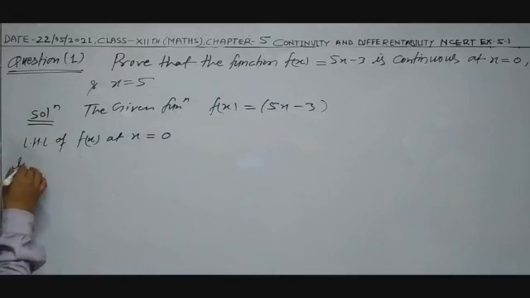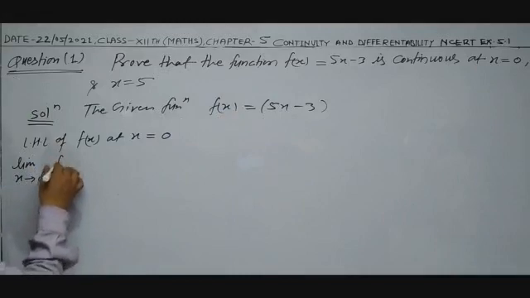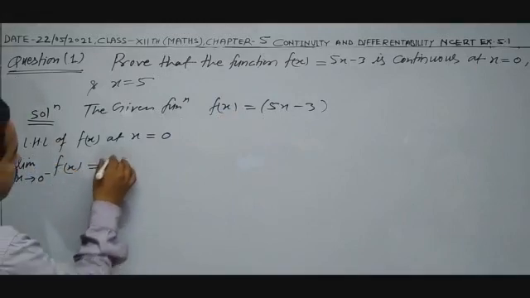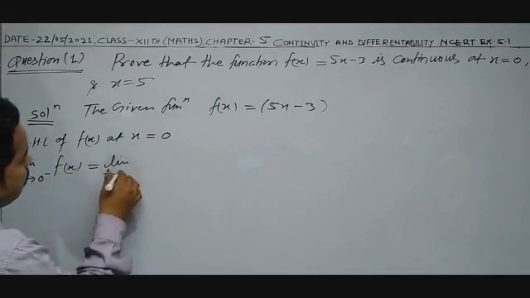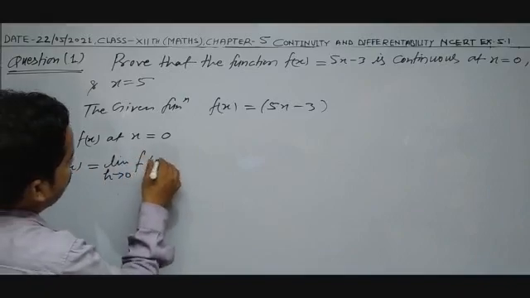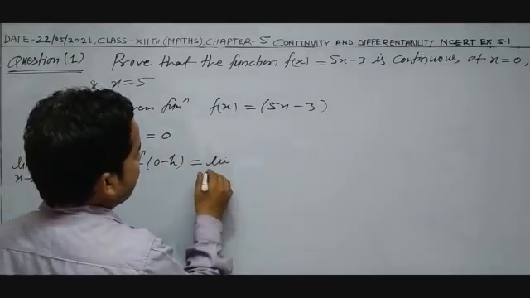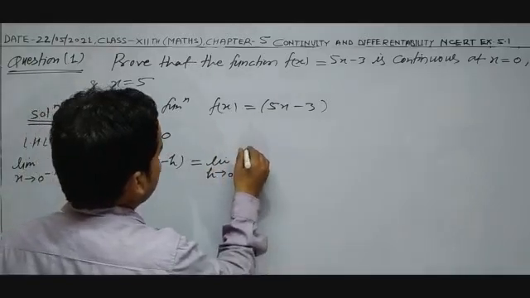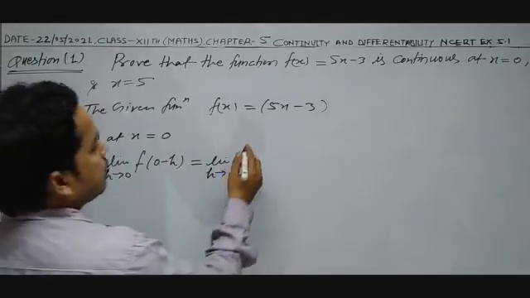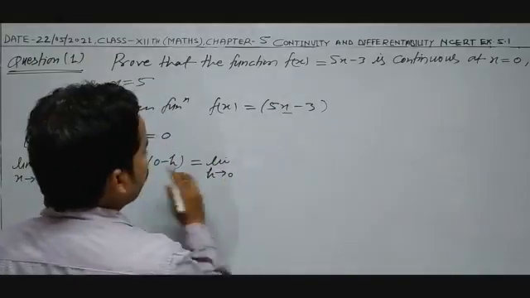So limit x tends to 0 minus f of x can be written as limit h tends to 0 f of 0 minus h, means at the place of x you will put 0 minus h.